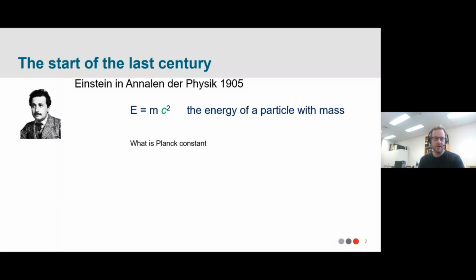Just to start, everybody knows the famous equation by Einstein, which came about around 1905, for which he won the Nobel Prize. It shows that the energy of a particle is related to mass through the speed of light squared.